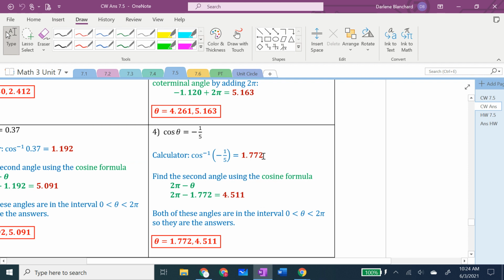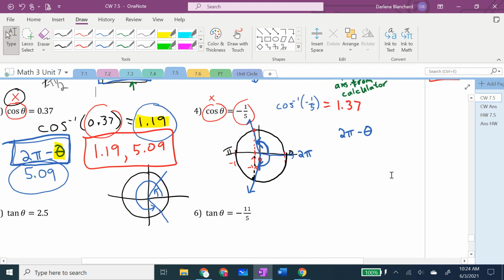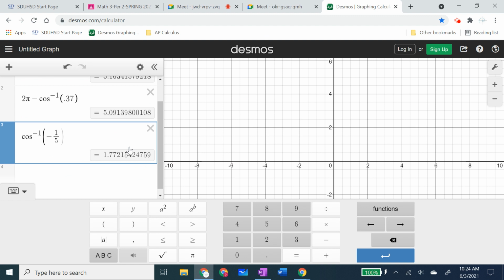I've got 3 digits after the decimal point on that one, but right now I'm just doing 2 digits. 1.77 is supposed to be the answer I got. I did not put my negative in my calculator. That was a negative 1/5, and I put in 0.2. Yeah, that's the forgetting of the negative number. So I had to put that in and that changed it.